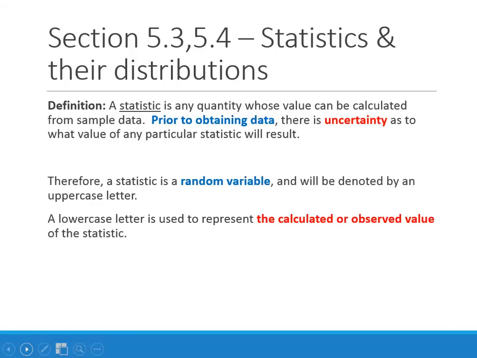So I have a bunch of information, maybe n numbers. A statistic is just anything I can calculate from that. We'll look at some examples of that. But the point is that I can calculate this thing from the sample data. So prior to collecting the data, like we saw just before, I don't know what my data is going to be, right? So the statistic itself, I'll be uncertain as to what that thing might be.